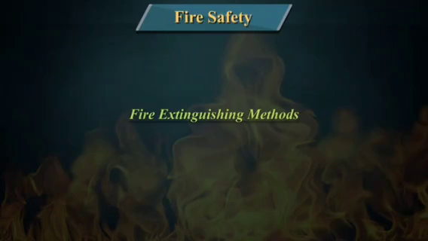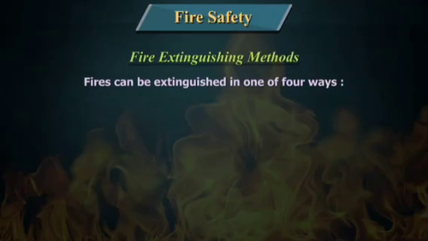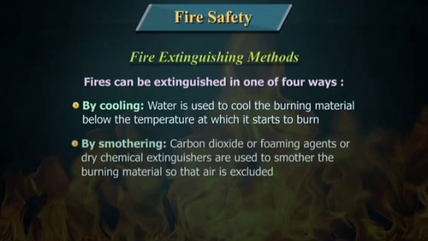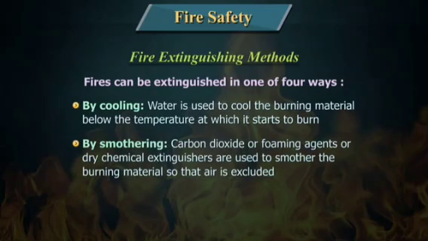Fire extinguishing methods. Fires can be extinguished in one of four ways. By cooling, water is used to cool the burning material below the temperature at which it starts to burn. By smothering, carbon dioxide or foaming agents or dry chemical extinguishers are used to smother the burning material so that the air is excluded.